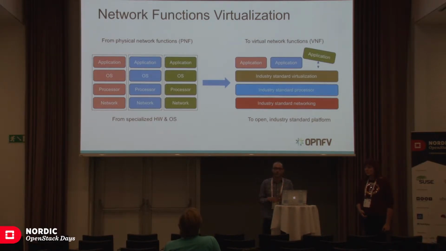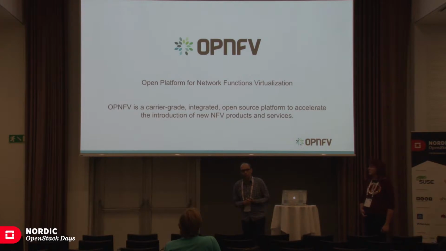And since standards work takes some time to become reality, in parallel to this, about 3 years ago, this open source project was established around September 2014, to do things by using open source components to make NFV transformation happen faster, in parallel to standards work. So standards bodies come up with standards, and OPNFV and other open source projects implement those things to see if those concepts or standards are applicable in real life.